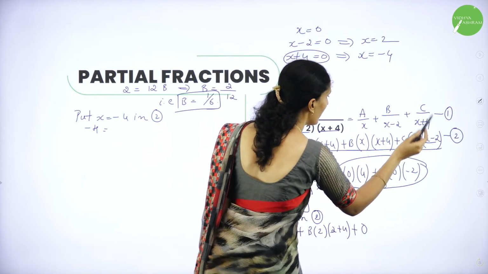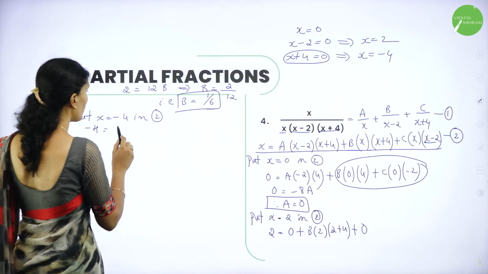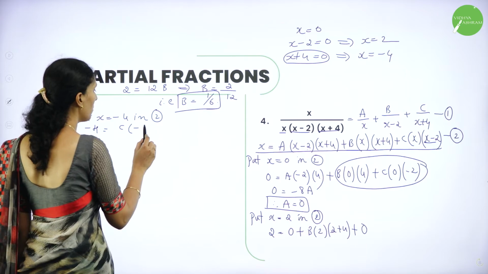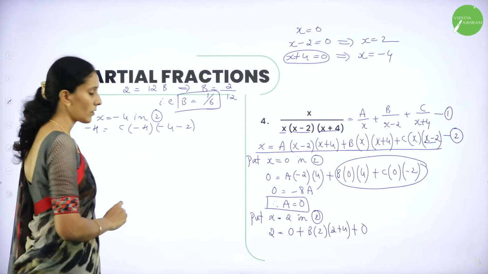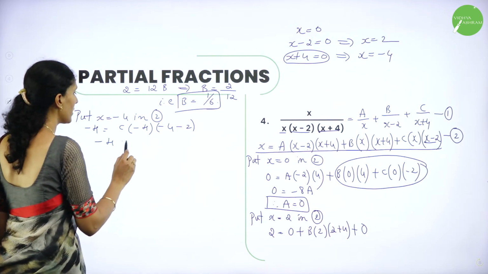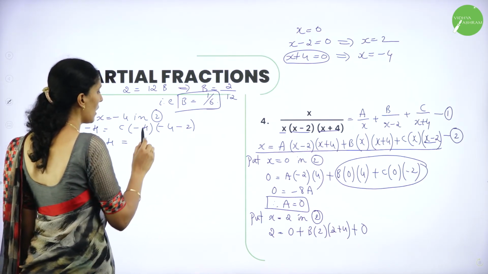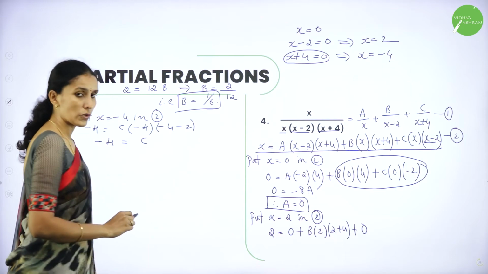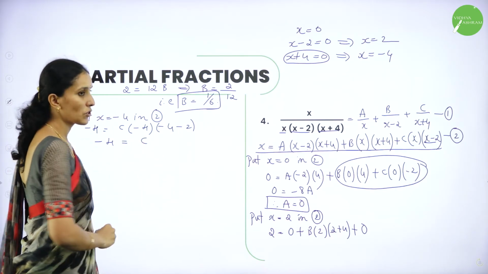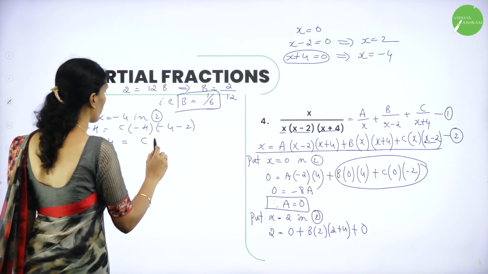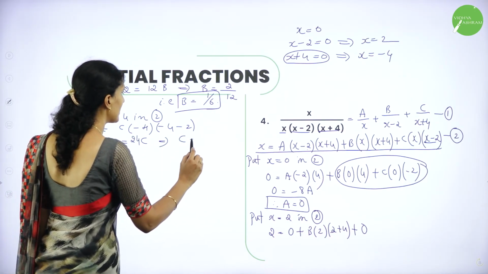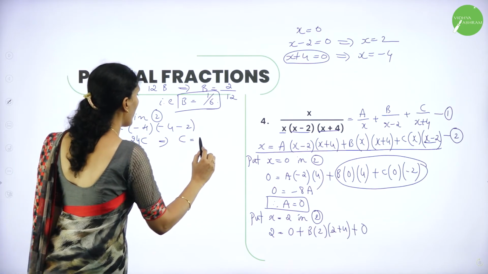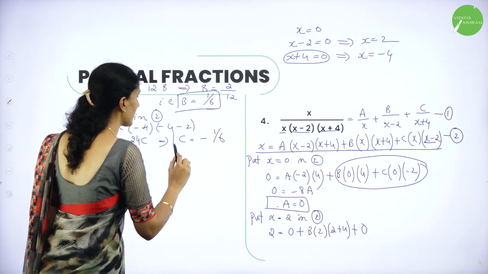So you are left with C into minus 4, minus 4, minus 2. So here you have minus 4 is equal to C into minus 4, minus 4, minus 2 is minus 6. Minus 6 into minus 4 is 24. So you will get 24. This implies C is equal to minus 1 divided by 6.